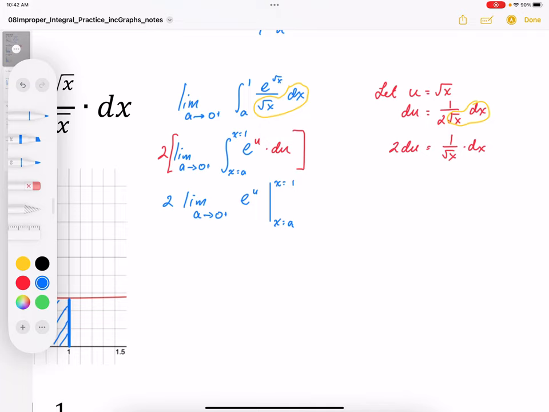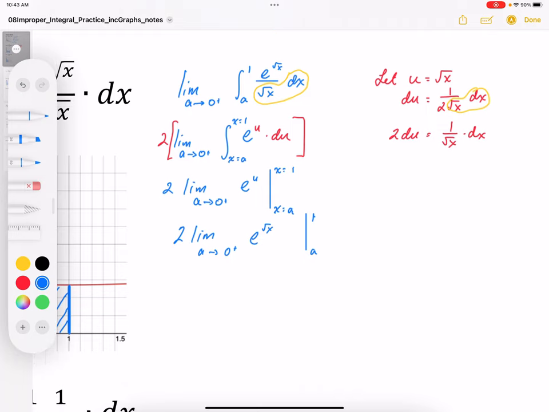Okay, and then what I'm going to do is replace this back in terms of x. So 2 times the limit as a approaches 0 from the positive side, e to the square root x, and then now I have my bounds from a to 1.